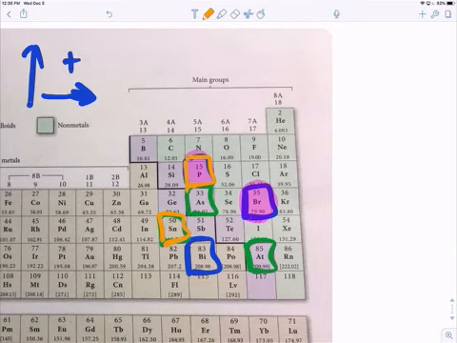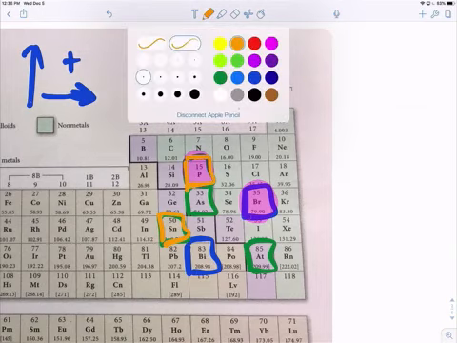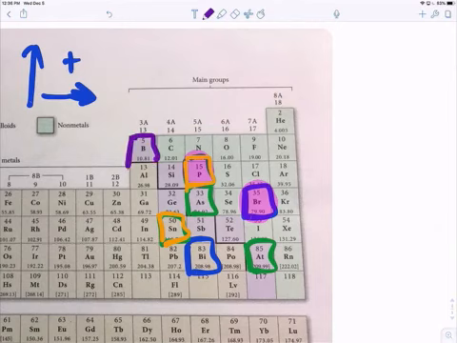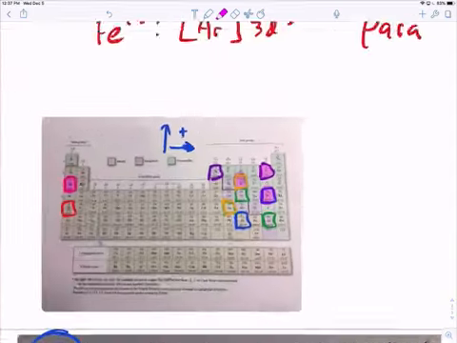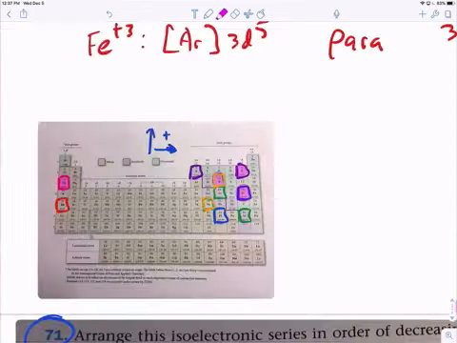If it was something like boron and fluorine, fluorine is to the right, so it would be the higher. But you won't be given a question like arsenic and astatine because that's unknown. Well, it's not unknown, but you have to look at the table. It's conflicting.